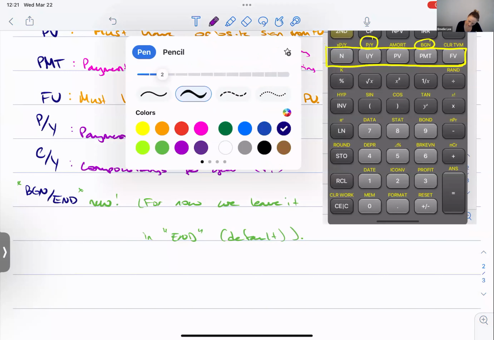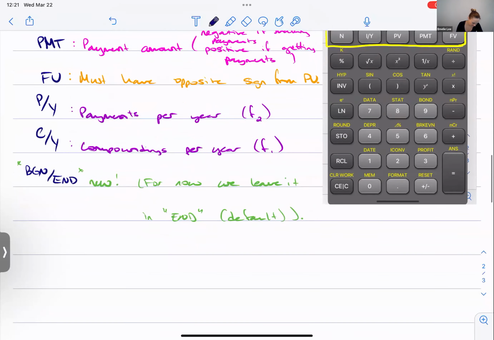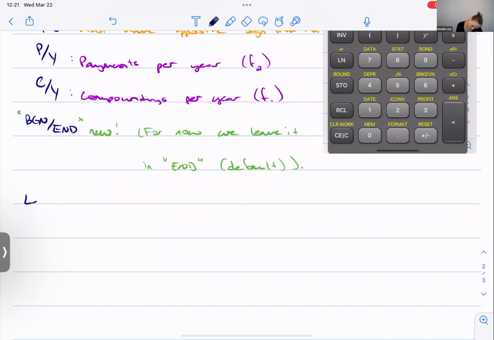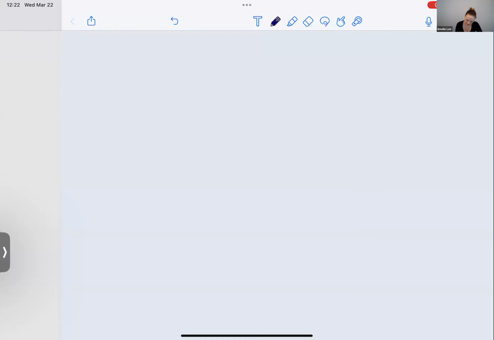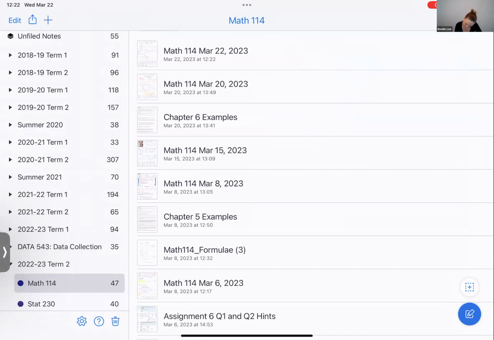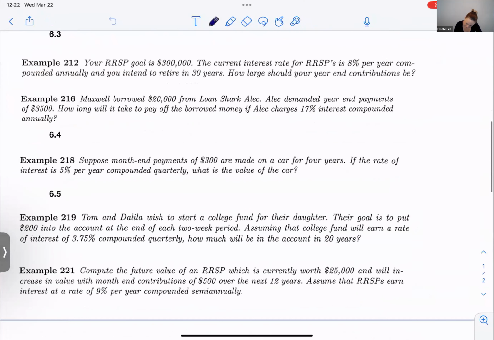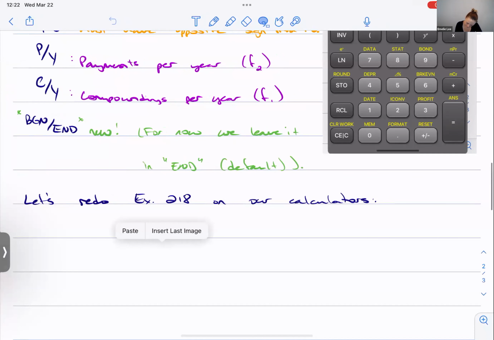And so here, let's redo example 218 on our calculators. Copy. Paste.